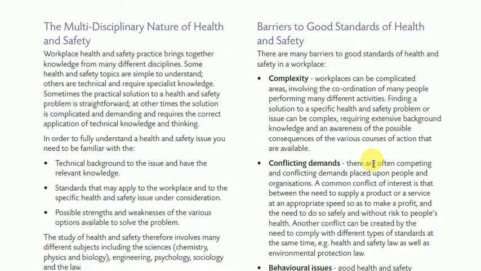And I also said that health and safety can also have barriers, which are complexity of the workplace, conflicting and competing demands, and behavioral issues. Complexity of the workplace involves too many activities going on at the same time, and maybe one activity has a way of interfering with the other in a way that it may not be safe.